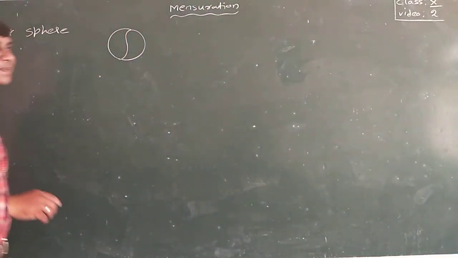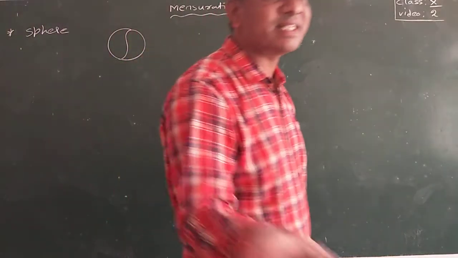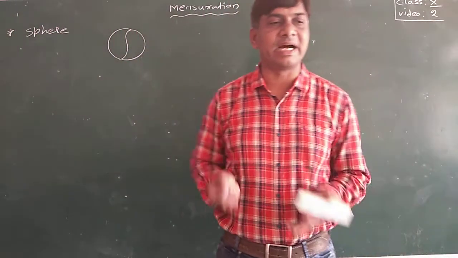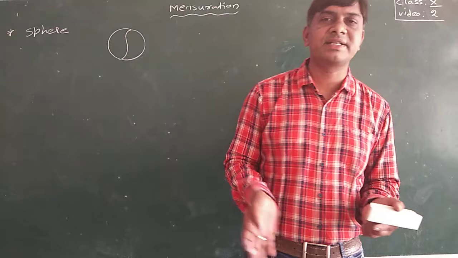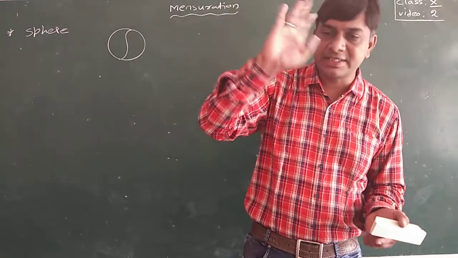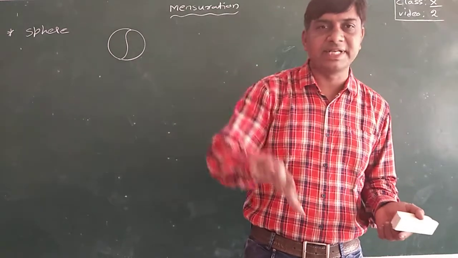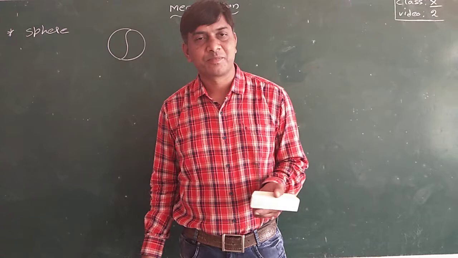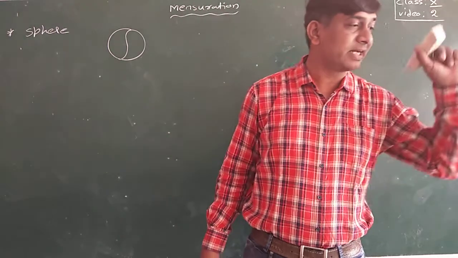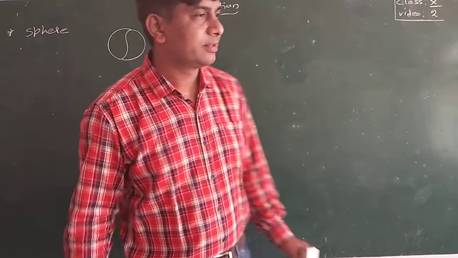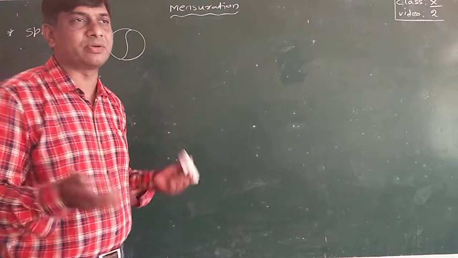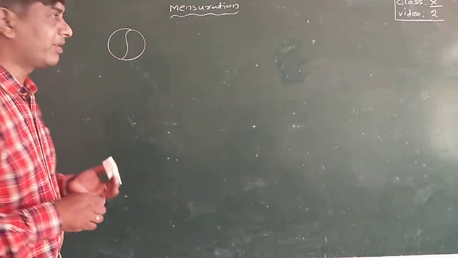So in sphere, there is no separate CSA and TSA. All together, whether they ask surface area, TSA or curved surface area, only one formula, that is 4 pi r square. Just remember, memorize that one.